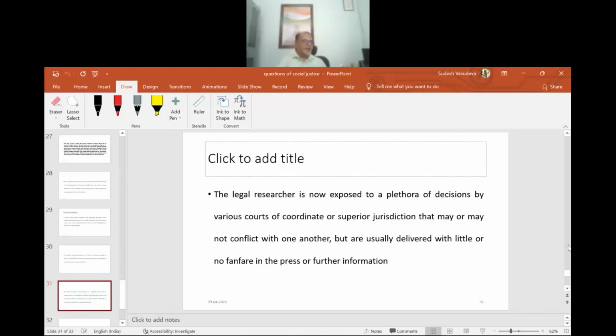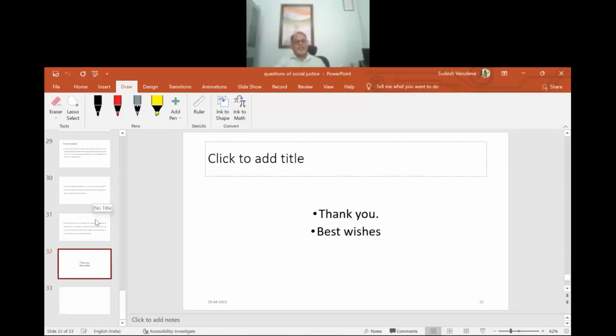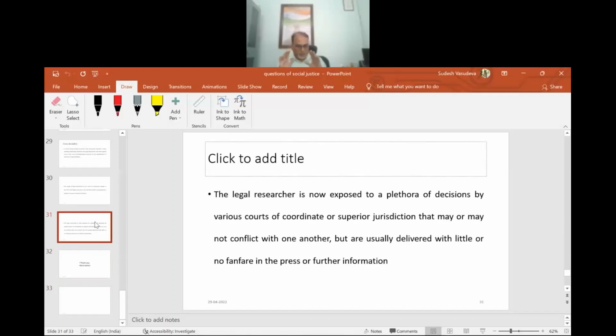The trend now is for legal research to be meaningful, to make a cross-discipline study. That's the trend.